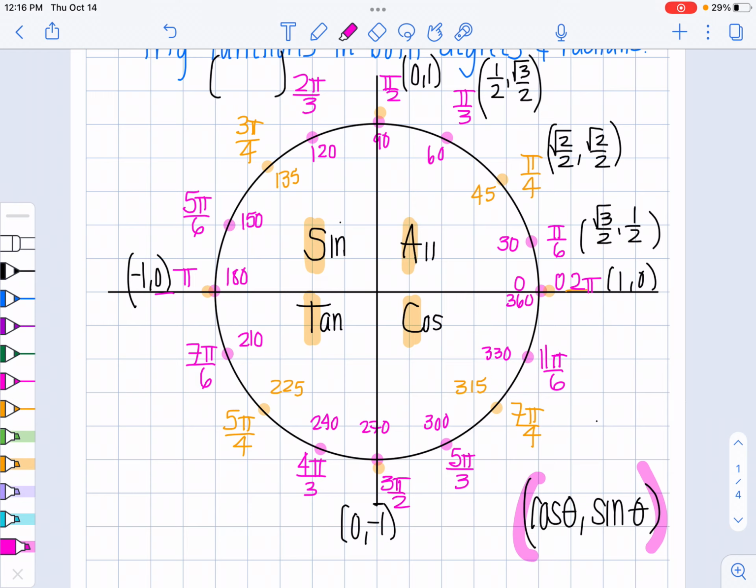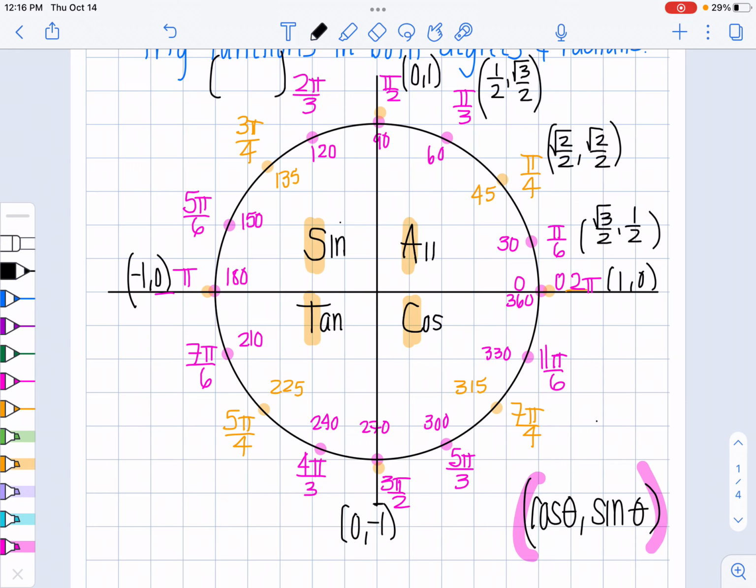I've also included my first quadrant of ordered pairs, which we get from special right triangles, which I'm not going to go into in this video. But this is all I need to know in order to figure out everything else in the unit circle, because I can use properties of reflection to find the rest of the points. So for example, I know right here at 60 degrees or pi over 3, if I reflect it over to 2 pi over 3, I have my same ordered pairs.